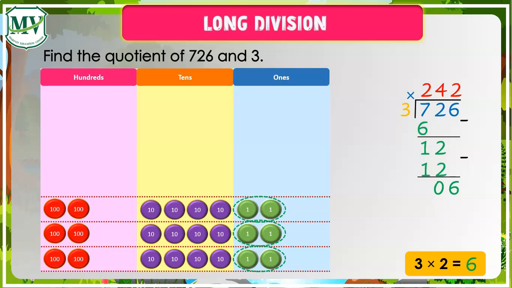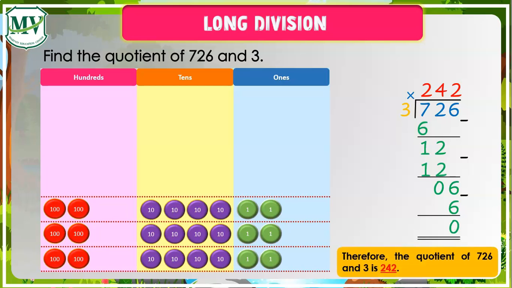Now, we are going to write 6 directly below the digit 6. For the last step, let's subtract these two numbers. And that gives us 0. Therefore, the quotient of 726 and 3 is 242.